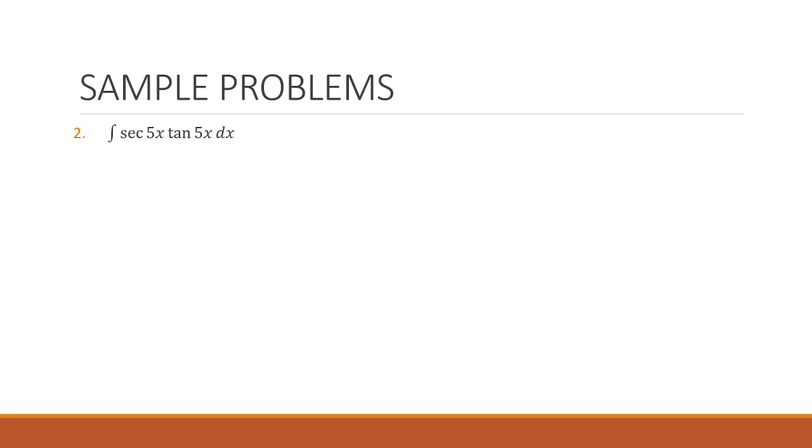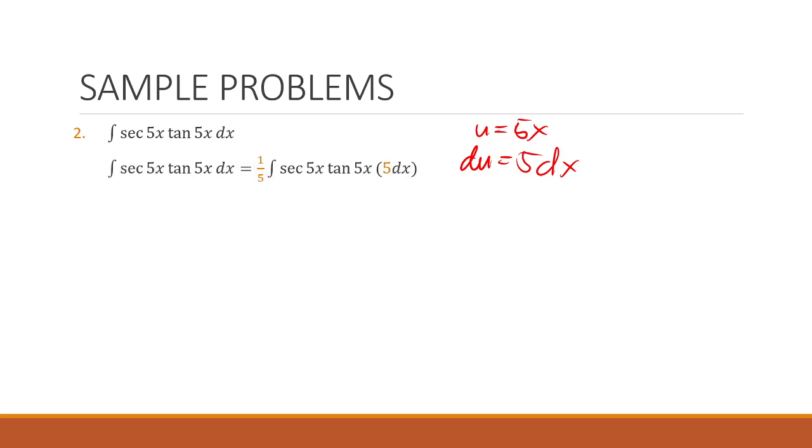Next is also a straightforward integral. Again, u-sub for the argument 5x, which gives us du equals 5 dx. Right? So, plug in 5 dx, then neutralize by multiplying 1 over 5.